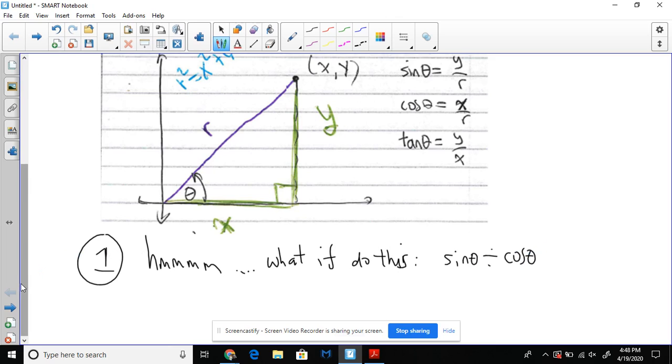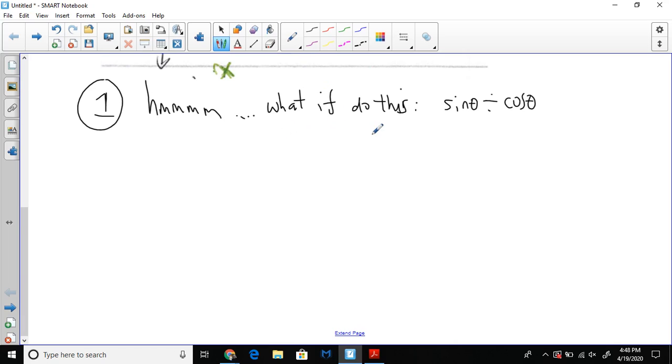The reason is mathematical intuition; you want to see what's going on. I could write this as sine theta over cos theta, or just like this, whatever, it doesn't matter.